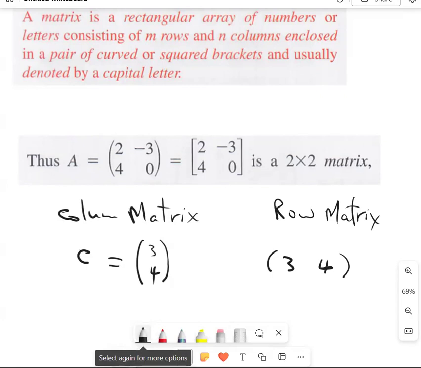A space between is enough, right? No comma. When there's a comma there, you're describing a point, right? You're describing a point with the x and y coordinate, but this is a matrix, right? And you call it a row matrix because there's only one row. This one is a column matrix because there's one column.